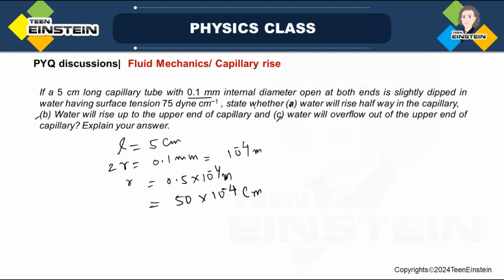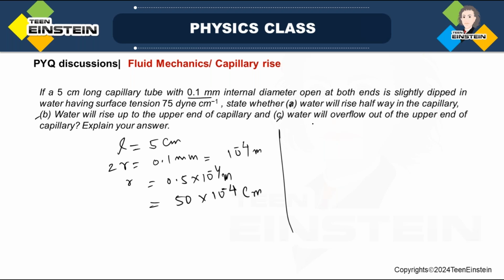The question is asking you to state whether water will rise halfway in the capillary tube. First question is that. Then second question, water will rise up to the upper end of the capillary.